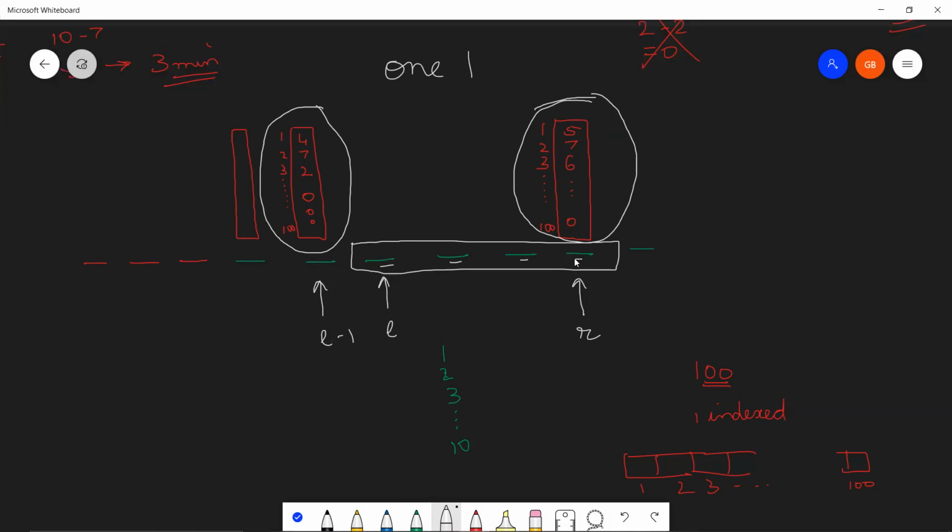It's impossible. Similarly, 3 is coming 6 times over here, and 3 is coming 2 times over here. This means that 4 threes are somewhere present between L and R. Very logical, right?